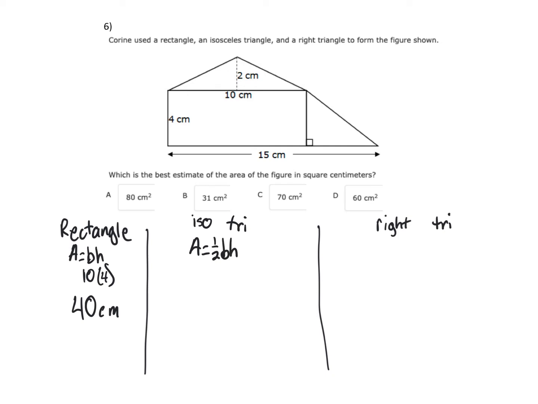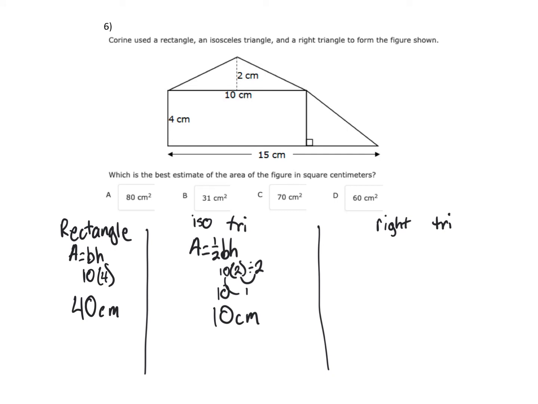So the base of the isosceles triangle is 10. The height would be 2, and we have to divide by 2. So again, we can do this in any order. So let's take care of the 2's. 2 divided by 2 is 1. 10 times 1 is just 10. So we get 10 square centimeters.